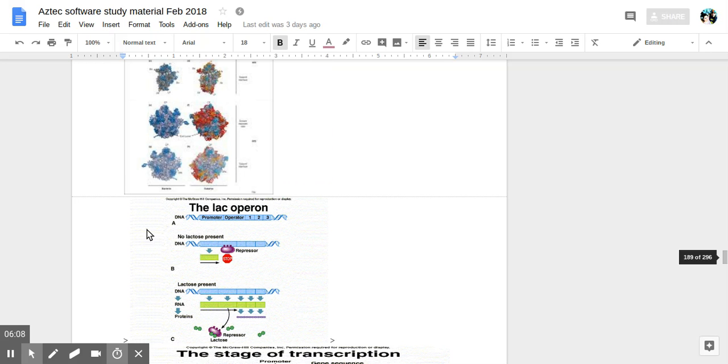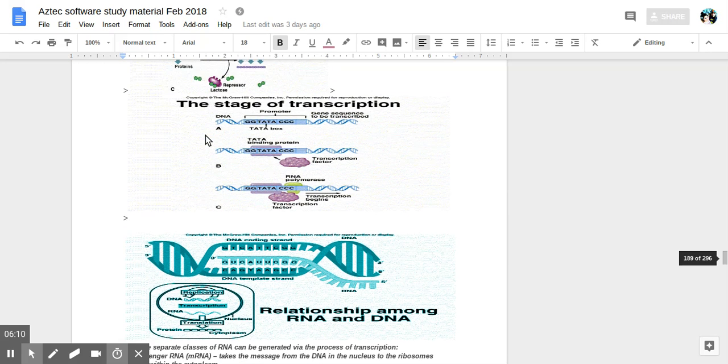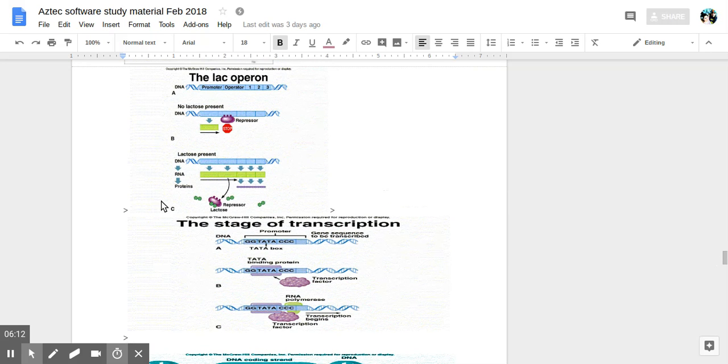So this is interesting. So this is an example of what the DNA chains and RNA look like, and the protein subsequently created.